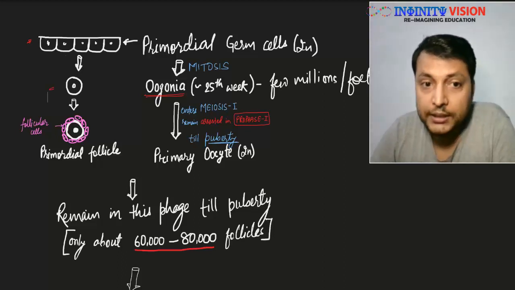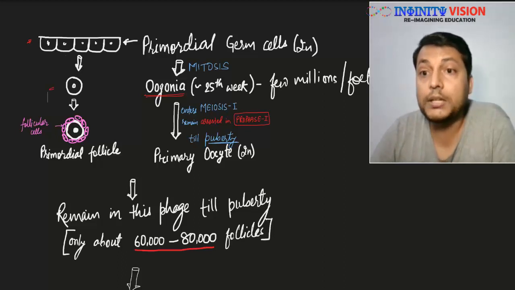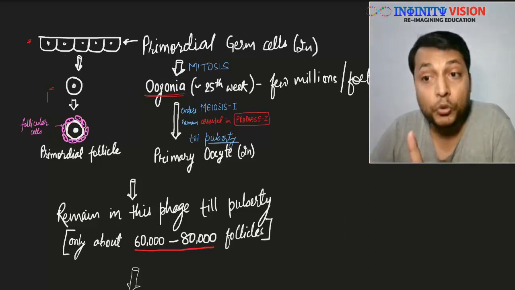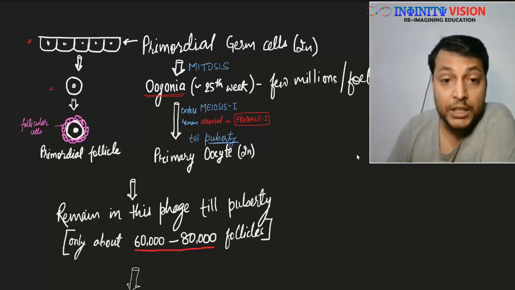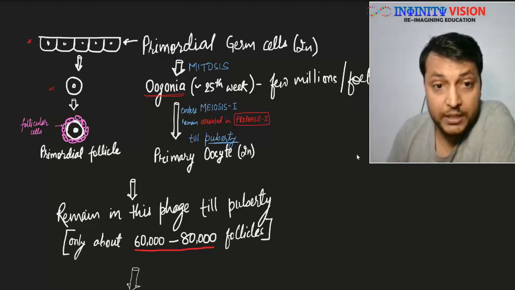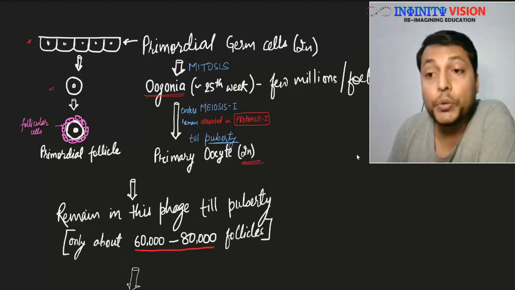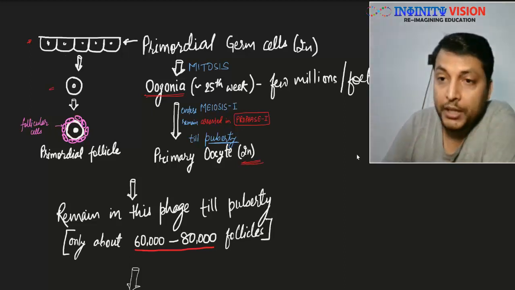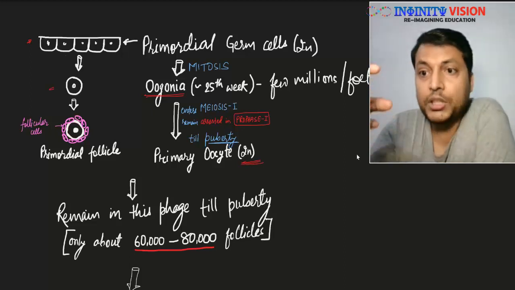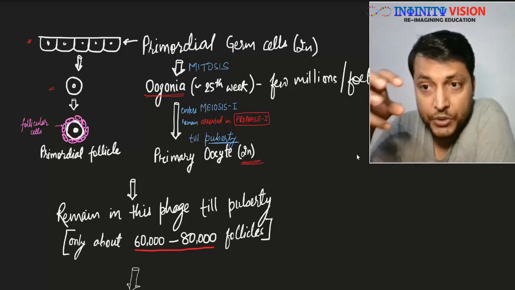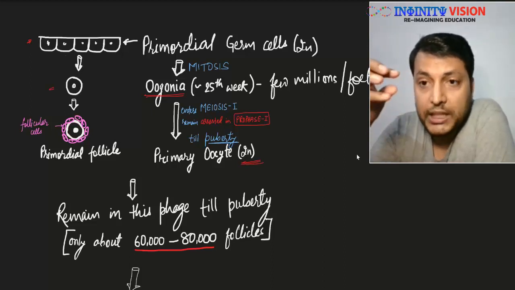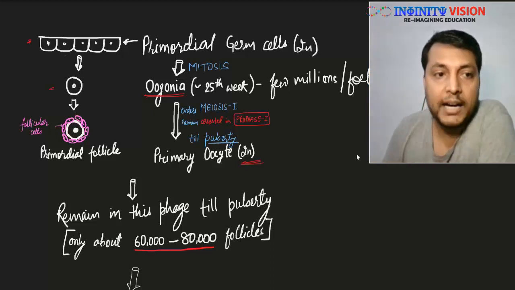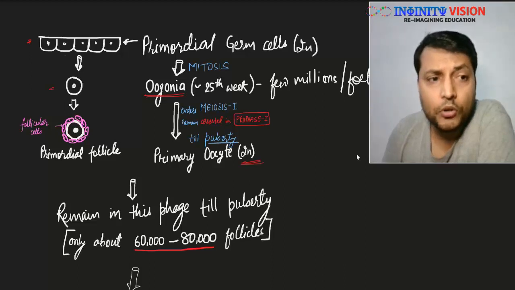Okay, now these arrested cells are called primary oocyte. Since meiosis 1 has not been completed, still they are 2n. These are diploid cells. Now, during the fetal stage only, every single primary oocyte is surrounded by almost a single layer of follicular cells.